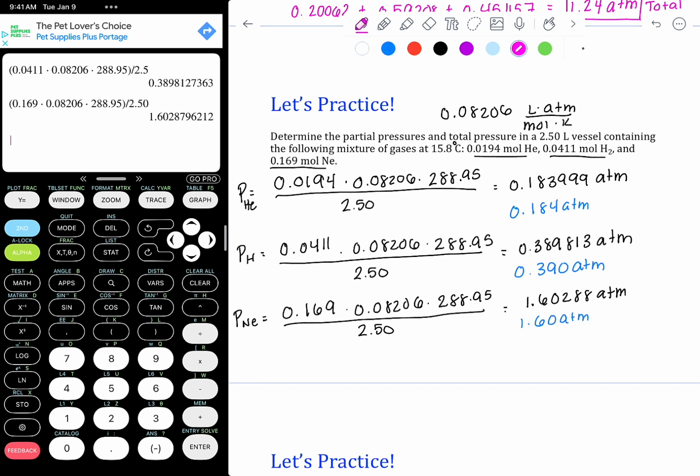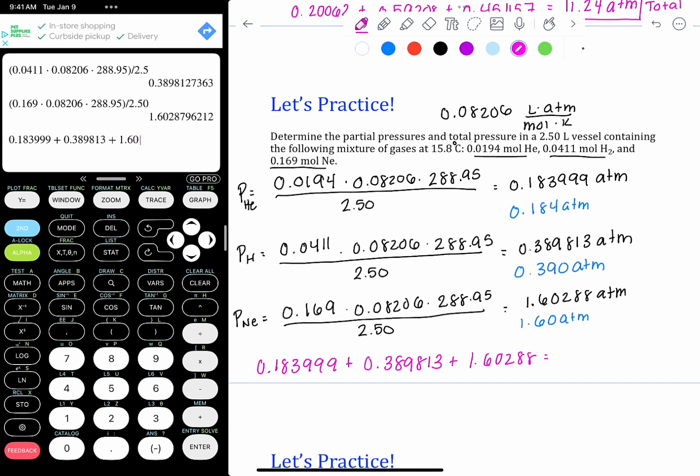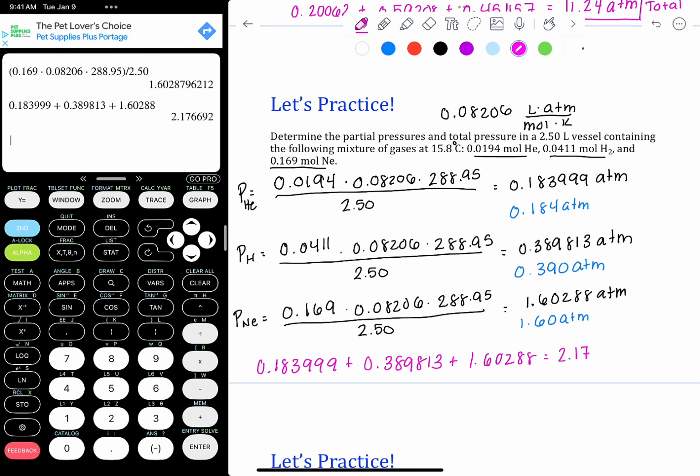Then to find our total, we're just going to take those individual ones and add them up. 0.183999 plus 0.389813 and 1.60288 to get 2.17 with sig figs. And that is our total.